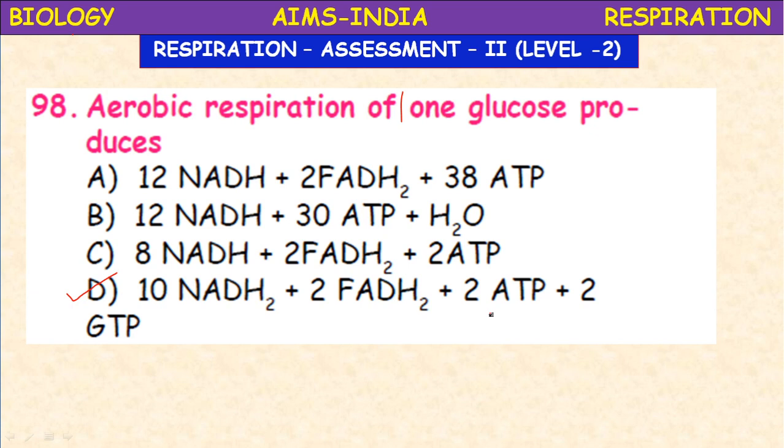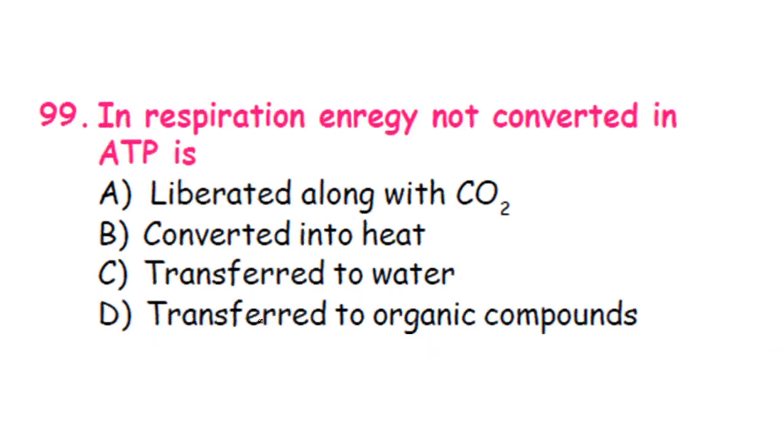So 36, plus 2 GTPs produced in the glycolysis, which are converted to ATP, so 38. Total 38 ATPs are produced during complete oxidation of glucose. So option D is correct.